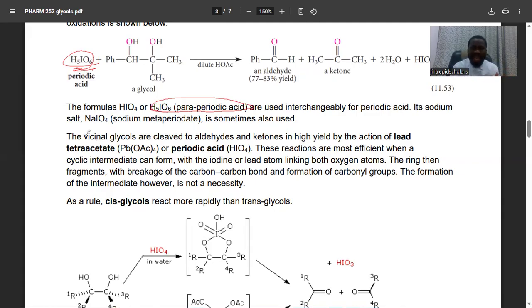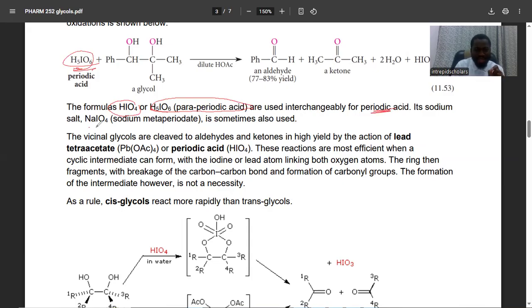The H5IO6 is para or orthoperiodic acid. And this one, the HIO4, is called metaperiodic acid. So the names are different, but all of them are periodic acid, whether they are meta, para, or ortho. They are still periodic acid. So we use them interchangeably, right?